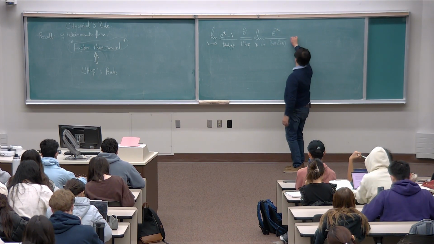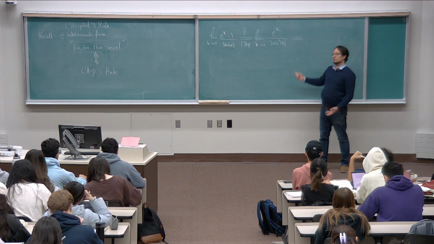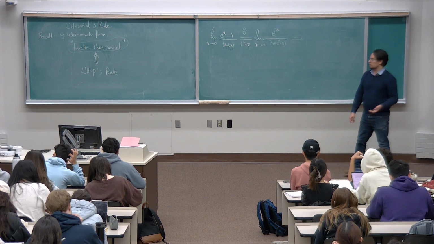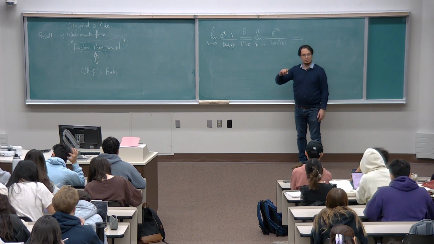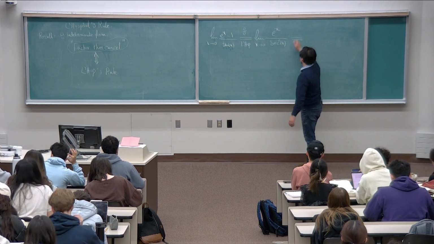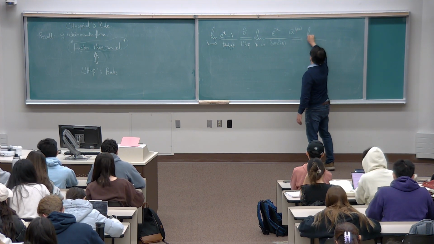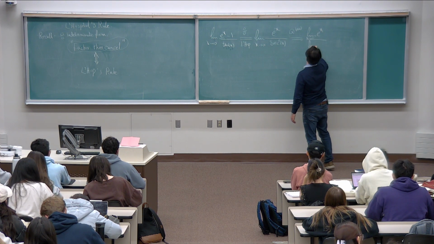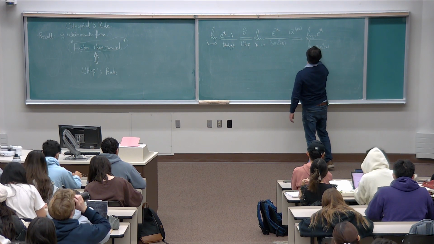Limit of quotients of two functions. First thing, check the limit of the denominator. Limit of secant squared as x goes to 0 is 1. So that means that I can apply quotient law, and I get limit of e to the power x as x goes to 0, over limit of secant squared x as x goes to 0.